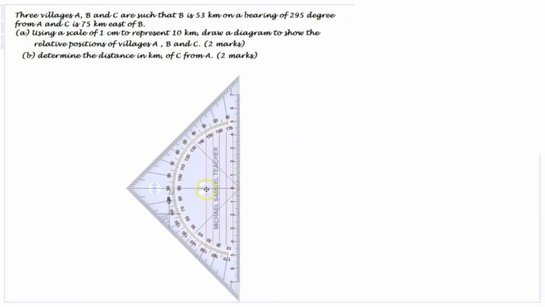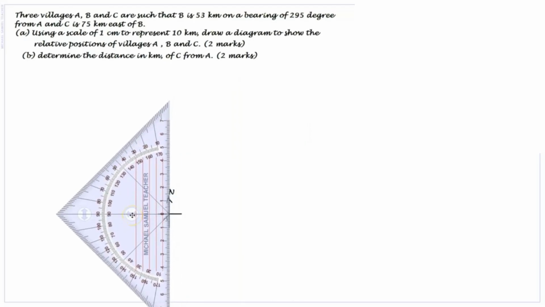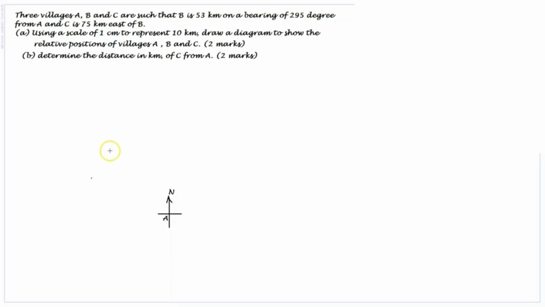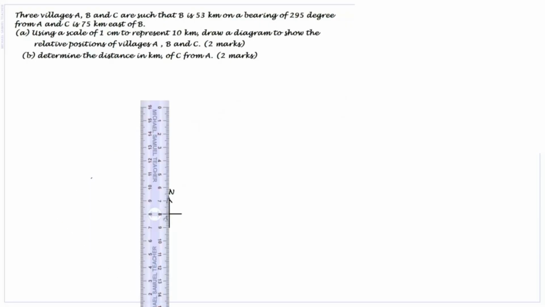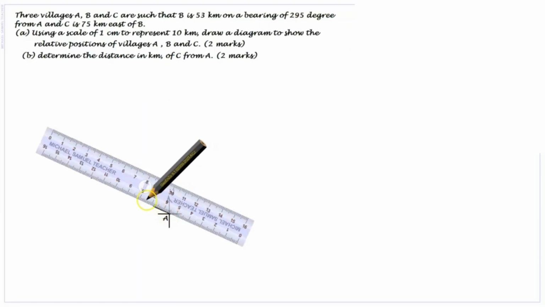Let us measure 65 degrees from the north, from 0 all the way to 65. That's where 65 is, and therefore we join the straight line using the ruler.